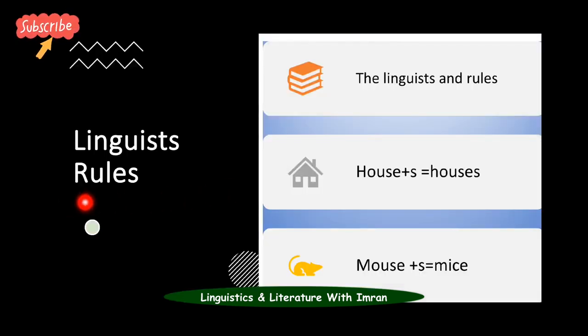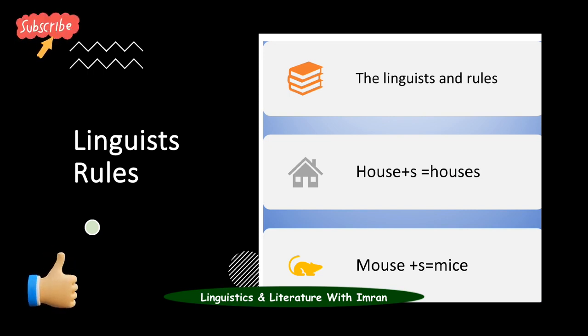Now, for example, here we have rules given by linguists. According to the rule, when linguists describe a language, they say that when you make the plural of a noun, like for example, house plus s, that is houses. And then they tell us that mouse plus s, that is mice. If you are a grown student, you may know that the plural of mouse is mice.